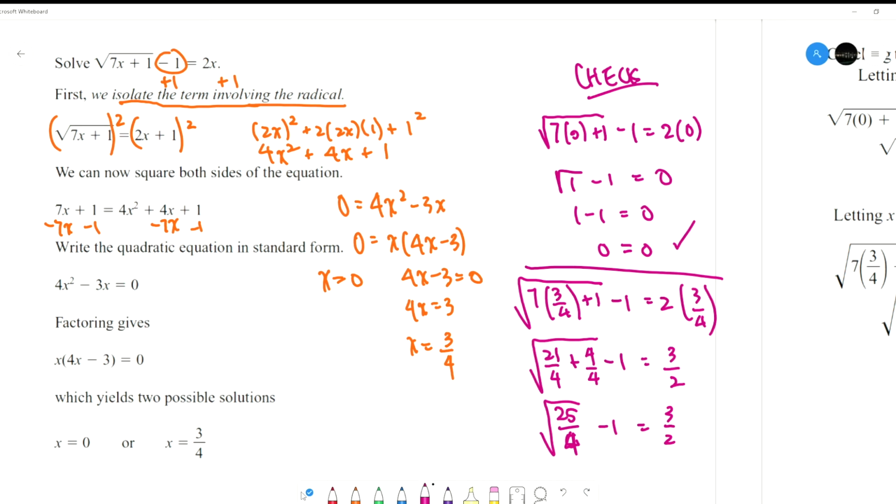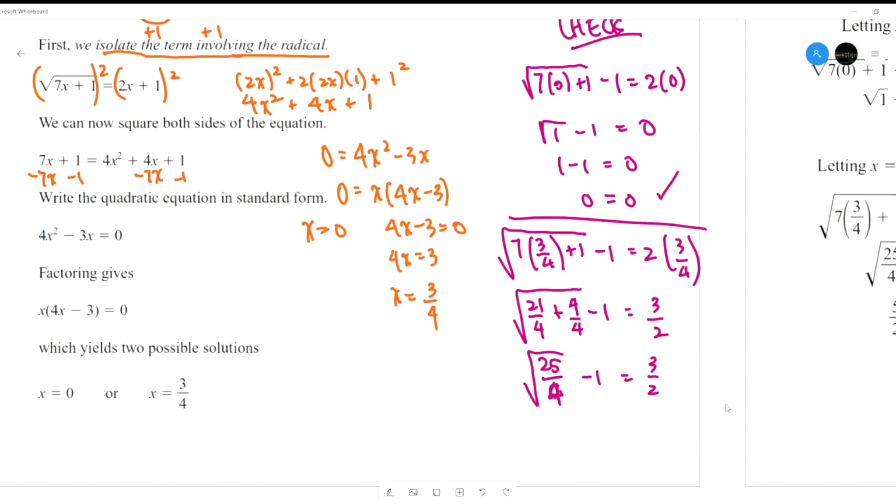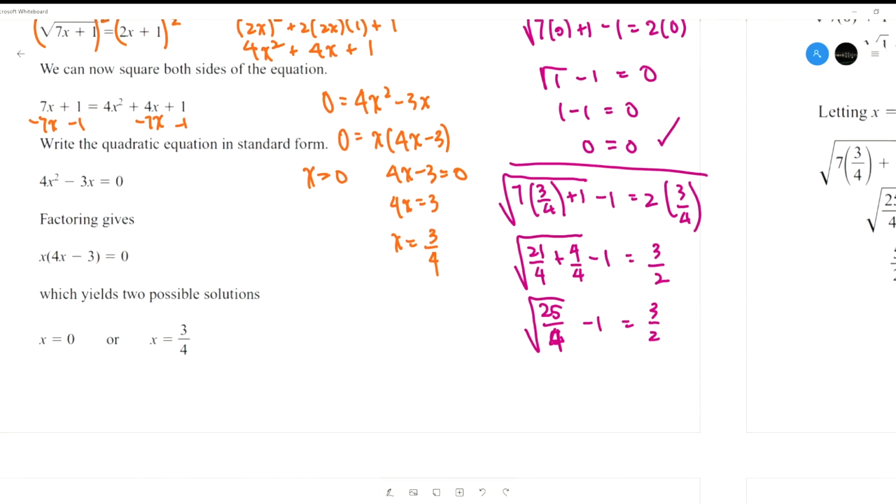So what is square root of 25 over 4? We learned this in this current chapter, right? We can split these up. We get the square root of 25 over the square root of 4, which is equal to 5 over 2. So now we have 5 over 2 minus 1.